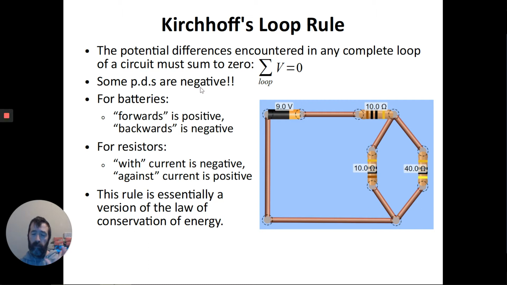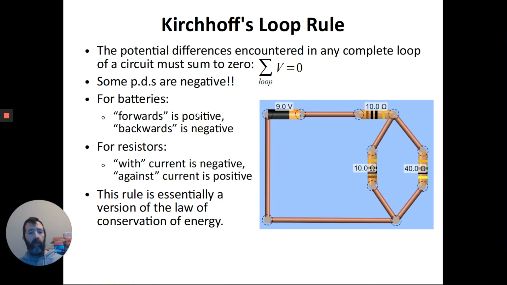And I drew attention to that in the simulation there briefly. So you can choose any path that you want in the circuit. I'm going to show you a few examples in a second. But your path has to form a complete loop, so you return to where you started. And if you're going to follow some path in the circuit, that means you have to choose a direction that you're going to move as well.